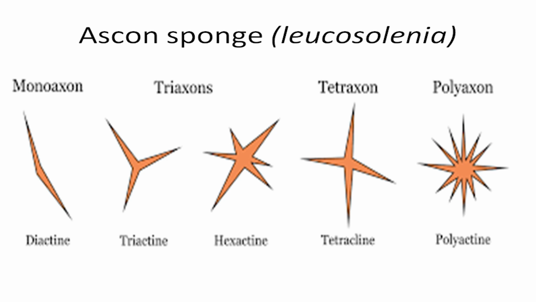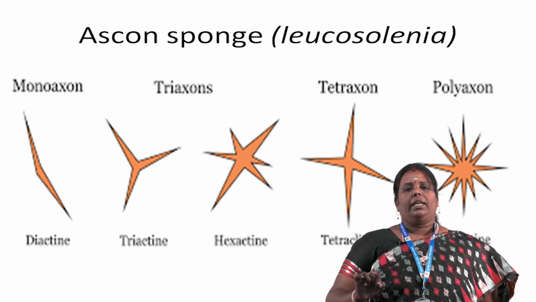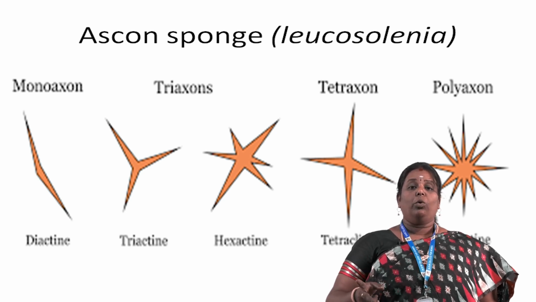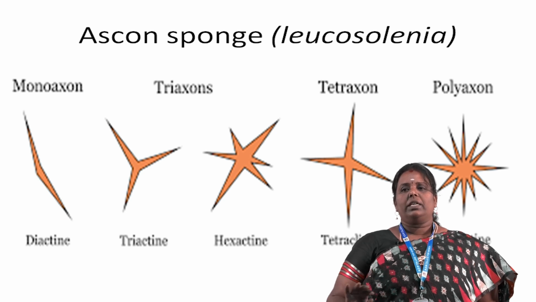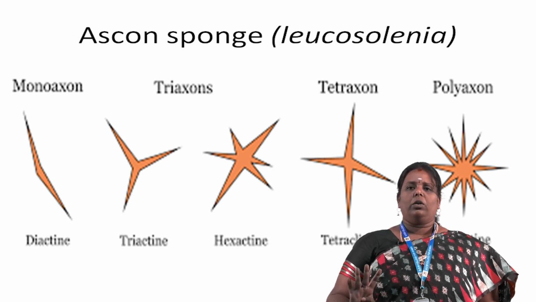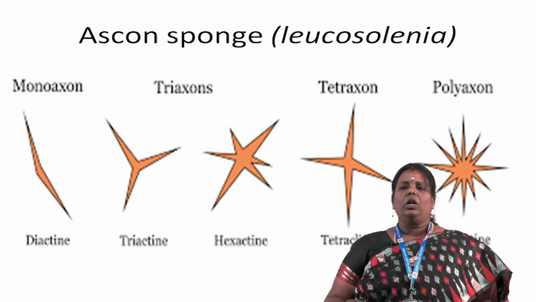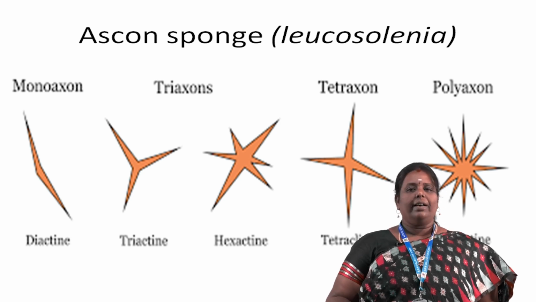A single spicule is called mono, then tri spicules. Hexa means more than 5, that is hexaxon. Tetra means 4, only 4. Monoaxon, triaxon, tetraxon, hexaxon. These are the spicules present in the ascon sponge.